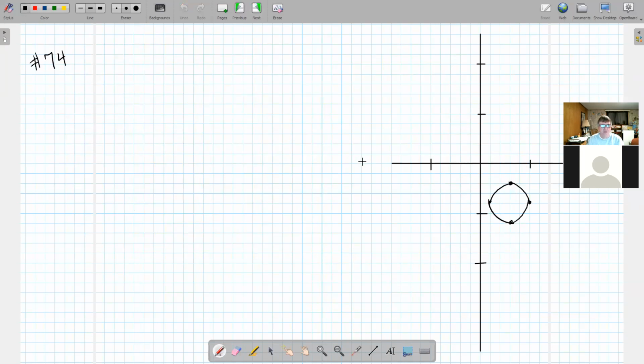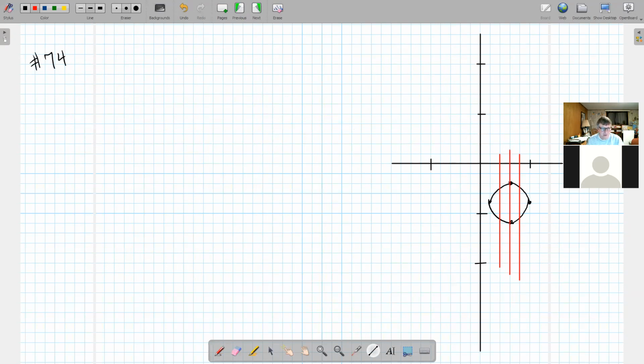Next, how about this? Is this a function or not? Well, again, if we draw vertical lines through it, we see that it cuts through the graph more than once.